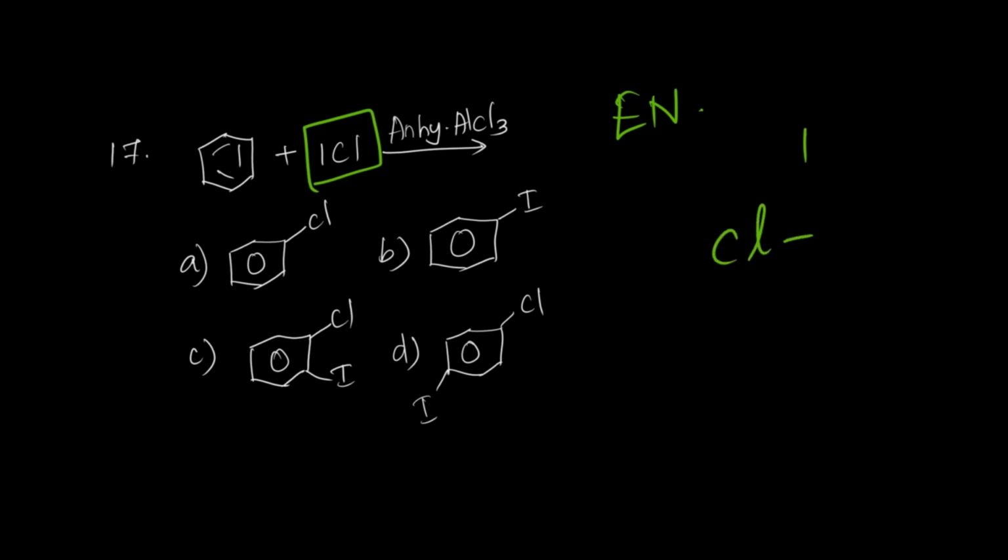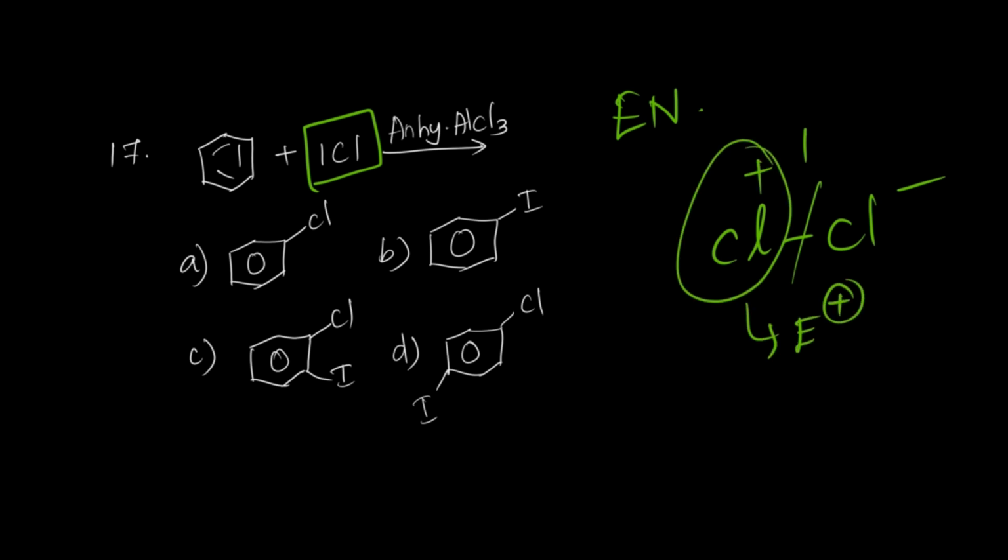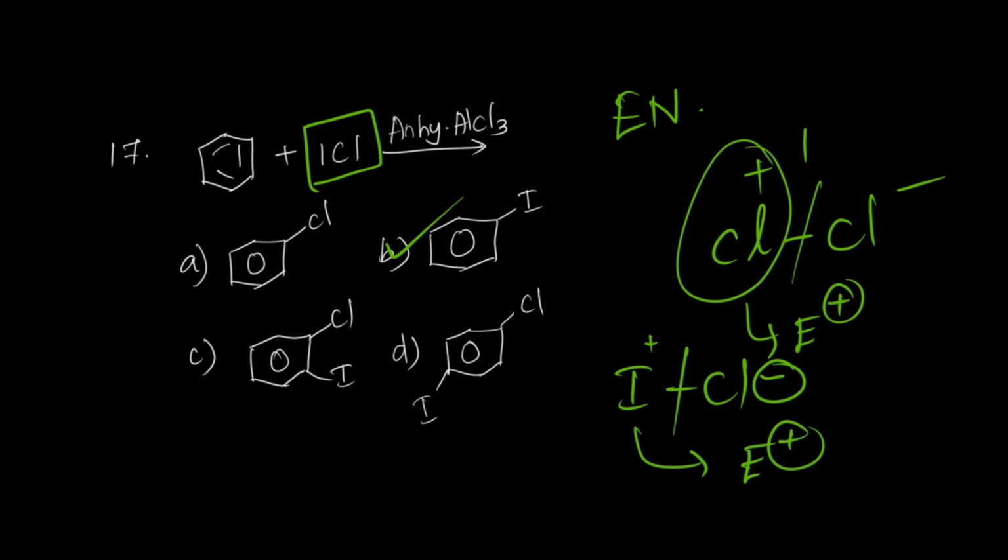Whenever they are giving you Cl2, AlCl3 will take up one of those Cl minus, and the remaining Cl plus will act as an electrophile and attack the benzene ring. Here I'm having ICl, so which is positive and which will be negative? The more electronegative atom will be negative and the other one will be positive. Among these two, which is more electronegative? Of course, Cl is more electronegative, and I becomes the electrophile over here. So the answer to this question becomes B.